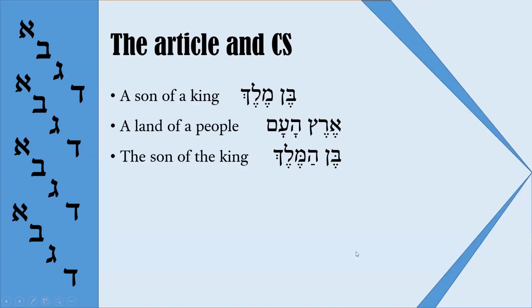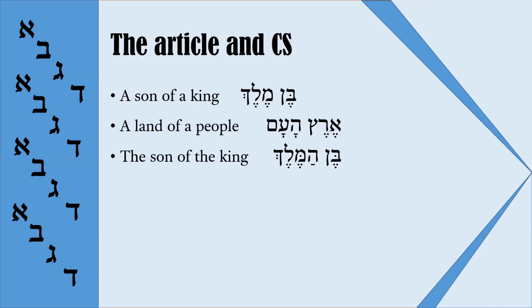Okay, now we have another important issue that we need to discuss. As I told you, two words in the construct relationship are considered as one word. So this construction is inseparable. It means nothing can come between these two words. So you cannot say, like, a daughter of a good king.